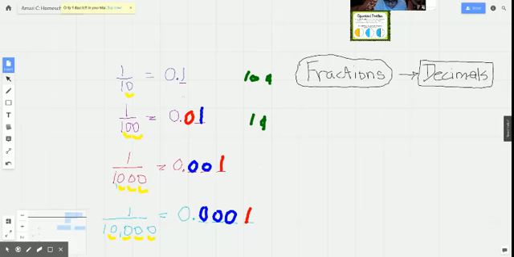So this is the largest, and this one is the least, right? Okay, so that's how we do a conversion from fractions to decimals.